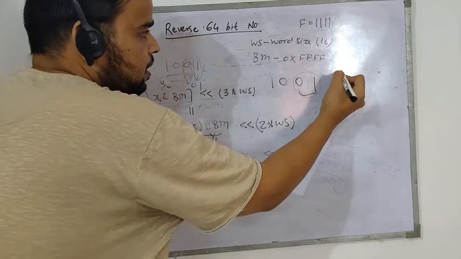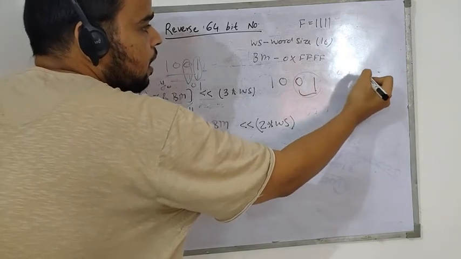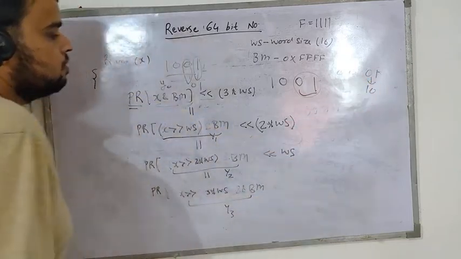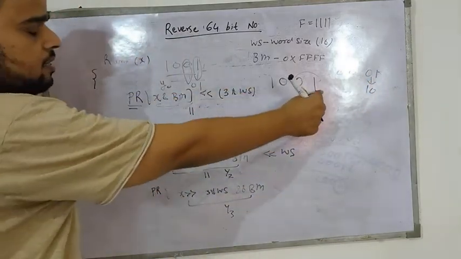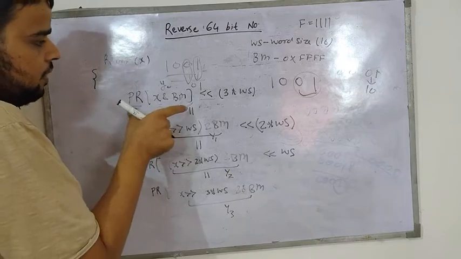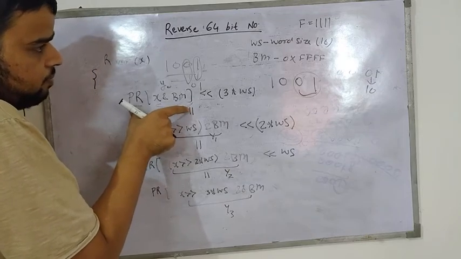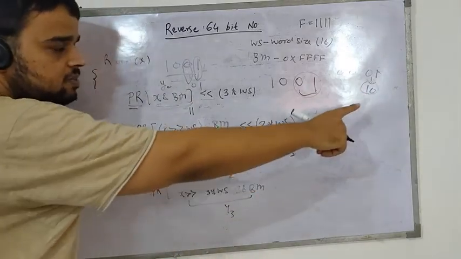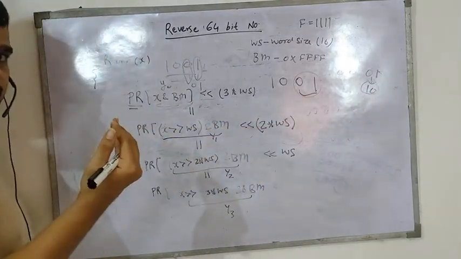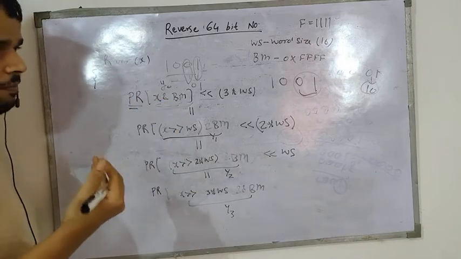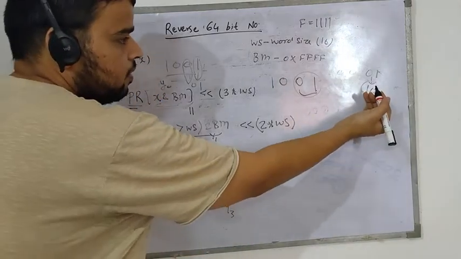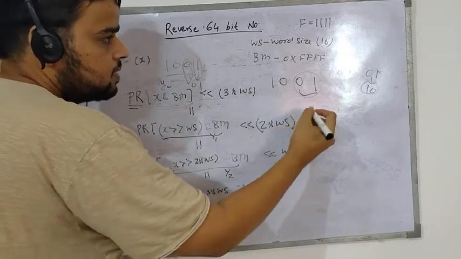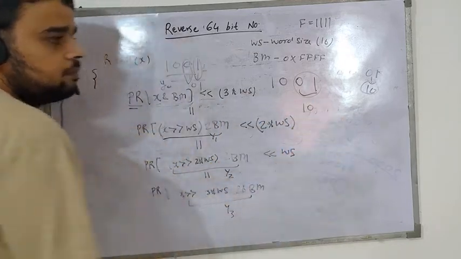So let's say my PR is 0001. So reverse of 01 will be 10. So after extracting these two numbers and doing a lookup for the reversal of these 2 bits, that will be 10. Now this 10, I am shifting as a left shift and want to create this as an MSB in the reverse. So when I do a left shift by 3 into 2 bits, this will be 10.